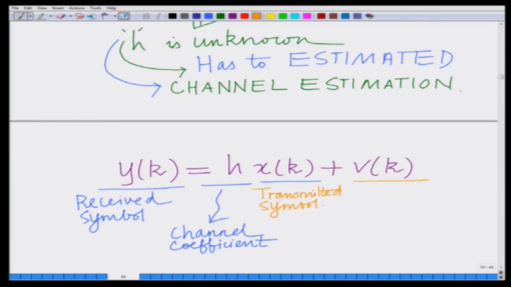and vk is the noise, and this is Gaussian noise, similar to what we have seen before. This is Gaussian noise, zero mean, with variance or power equal to sigma square.